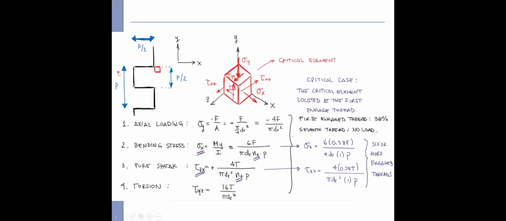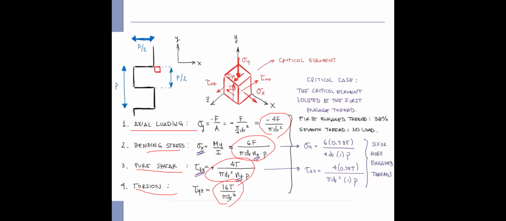Okay, so let's return to the stress distribution applied at this critical element. I'm not going to discuss each stress component deeply, because I think your mechanics of materials course already taught a lot of it. From the design point of view, we already know the axial loading, the bending stress, the pure shear, and the torsional shear.